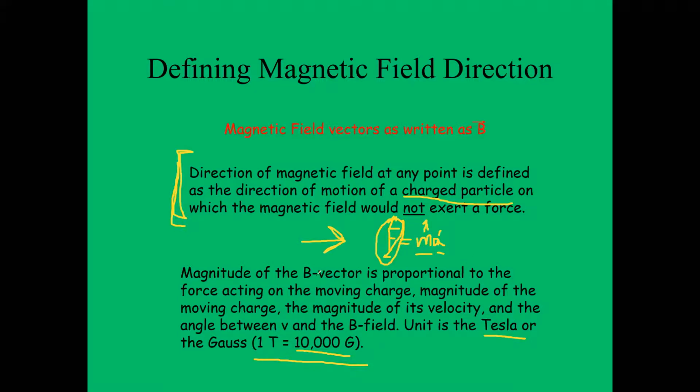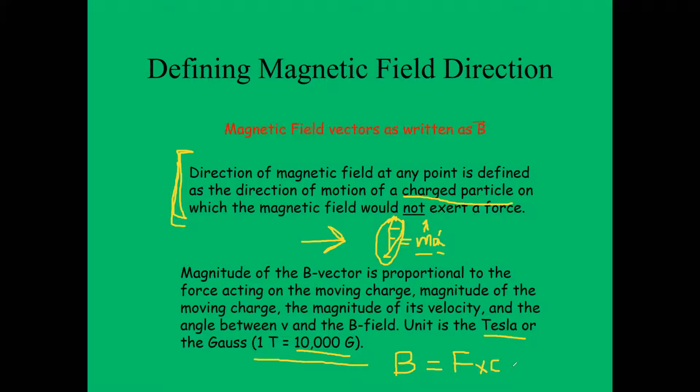So the magnitude of the B vector, if we write B here, would be proportional to the force acting on the moving charge. We can write the force, the magnitude of the moving charge, multiplied by the charge. Let's write it as C for now.